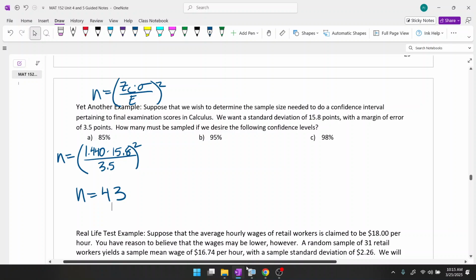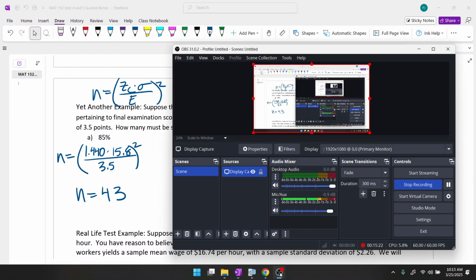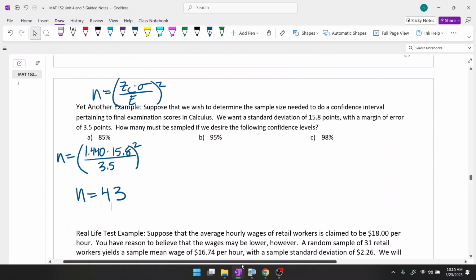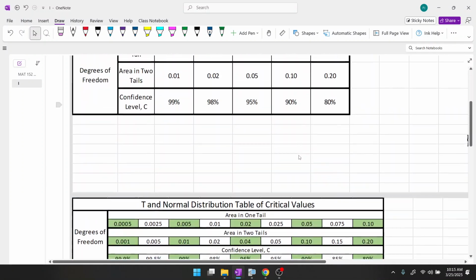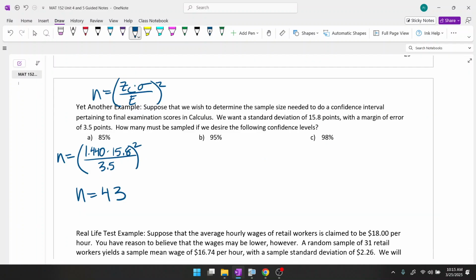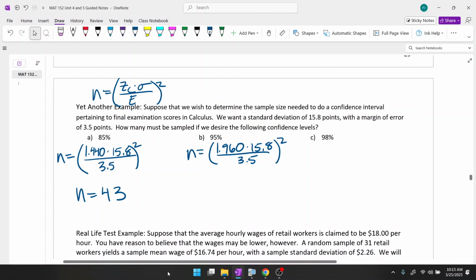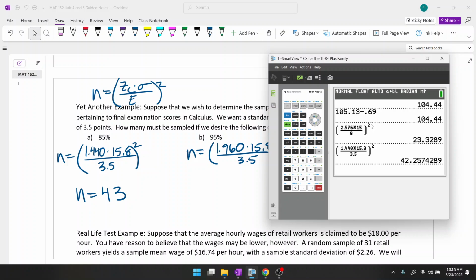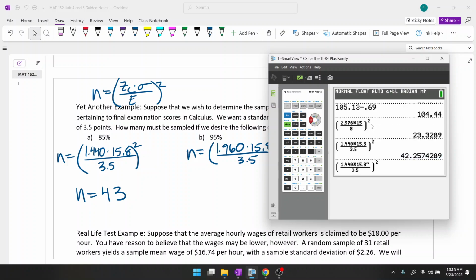Now, for 95% confidence, let's do that one. For 95%, your critical Z will be 1.96, times 15.8 over 3.5, and then you square that. Basically, all we're doing is changing this to 1.960.